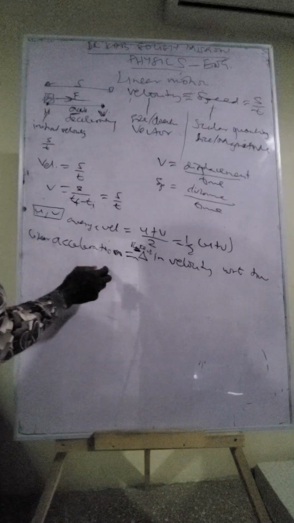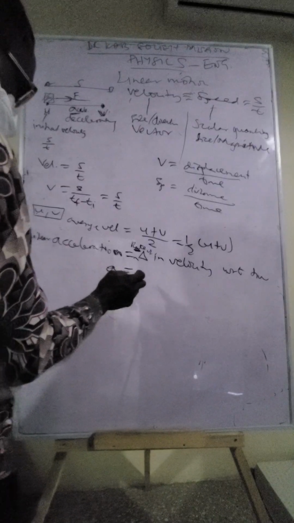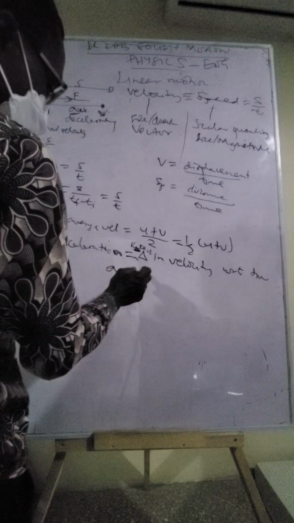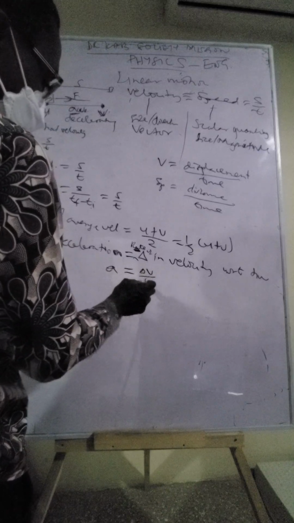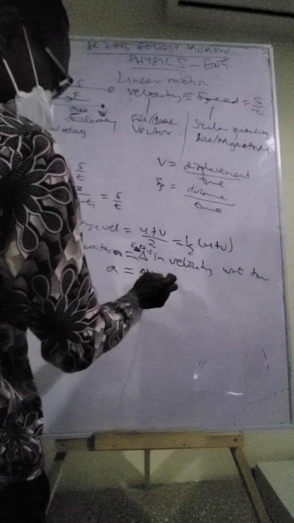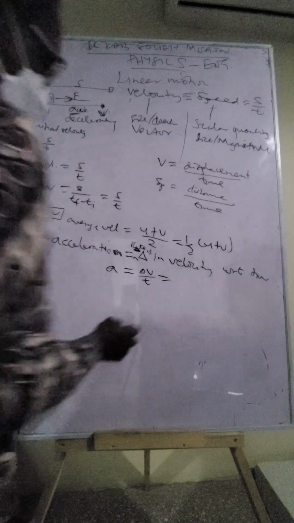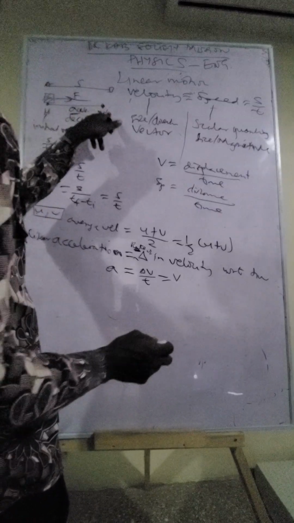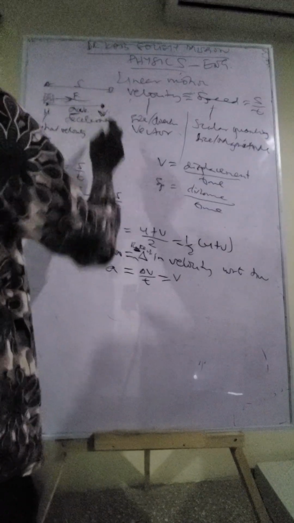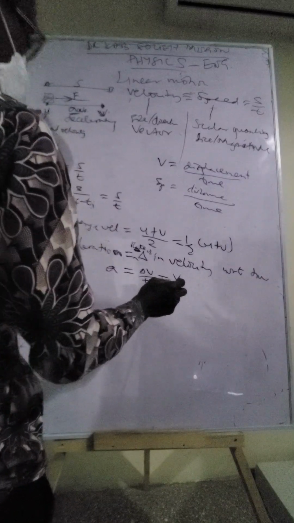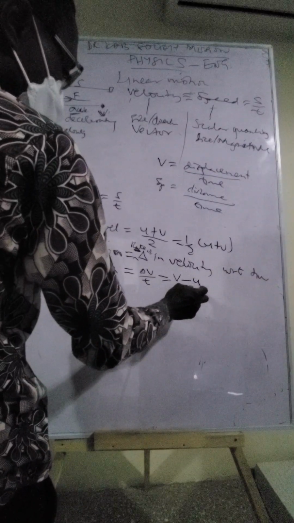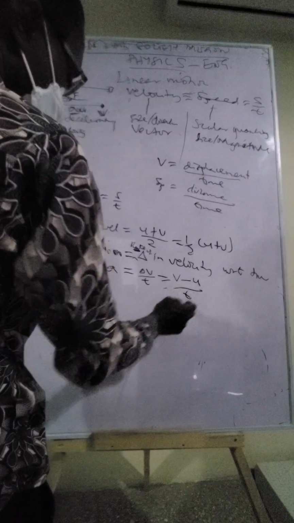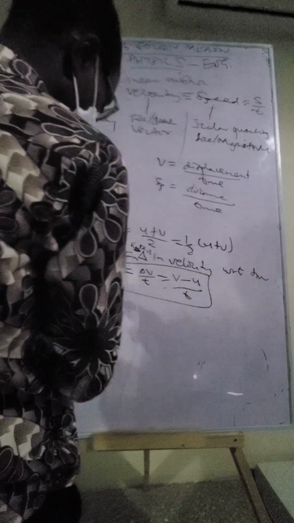So linear acceleration, which we will denote by A, will be equal to change in velocity over time. Anytime we are looking at change, it is final minus initial. So our final velocity, when we move from U to V, was V, minus the initial velocity, which is U, over time, which is T. So this is the first equation we want to look at.